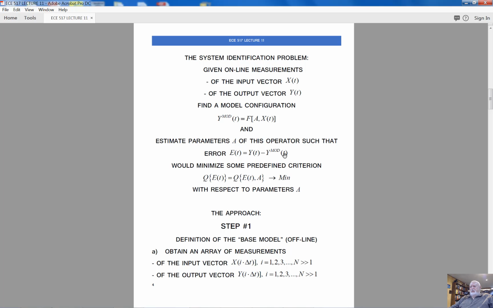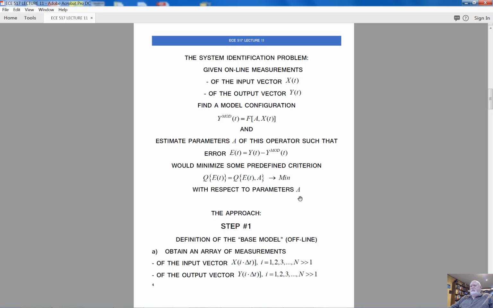They both are functions of time, therefore error is function of time, but minimization of instant value of this error is meaningless. What we want to do, we want to come up with some kind of criterion that would describe operation of our model not in the particular moment of time, but over a sufficiently long period of time.